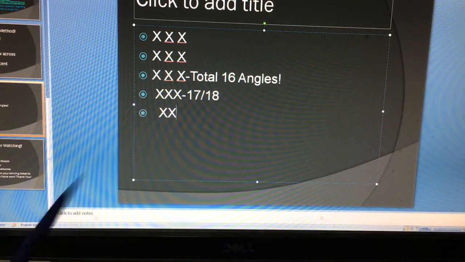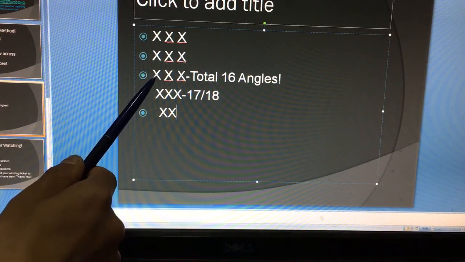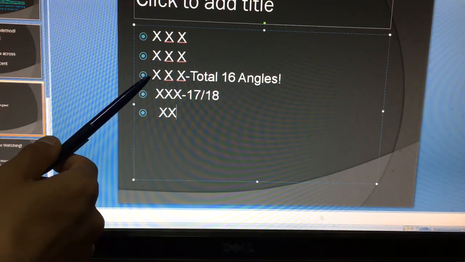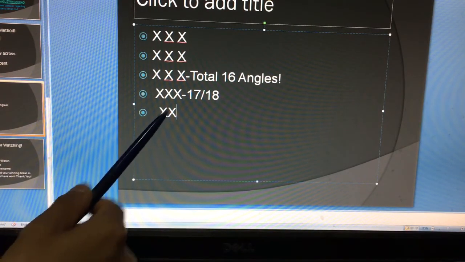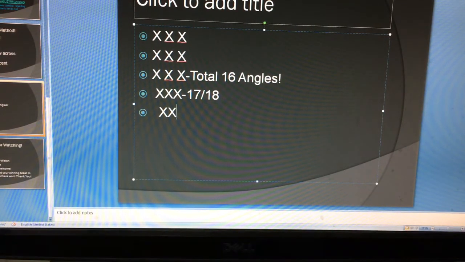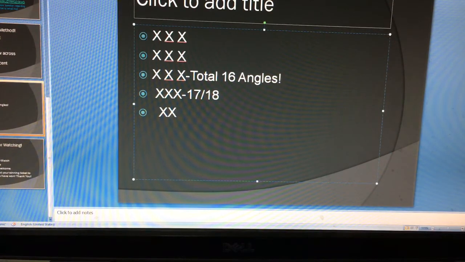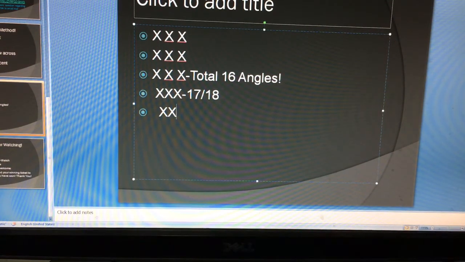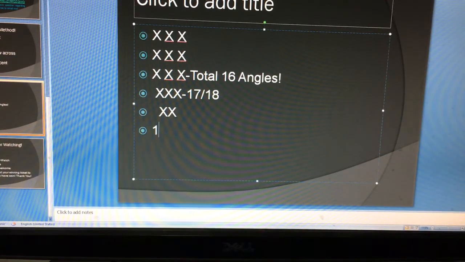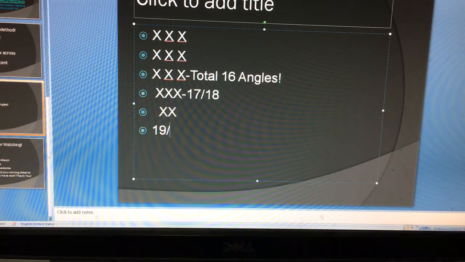And then this X, that already is in an angle with 3 angles already. This is your 19th angle and this is your 20th angle right here. Okay? So the diagonal angle over here would be a 20th and 21st angle. 19th and 20th angle.